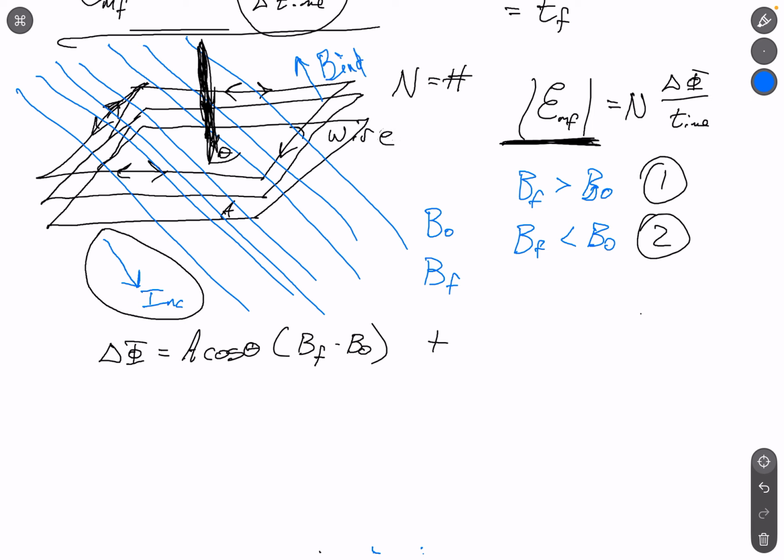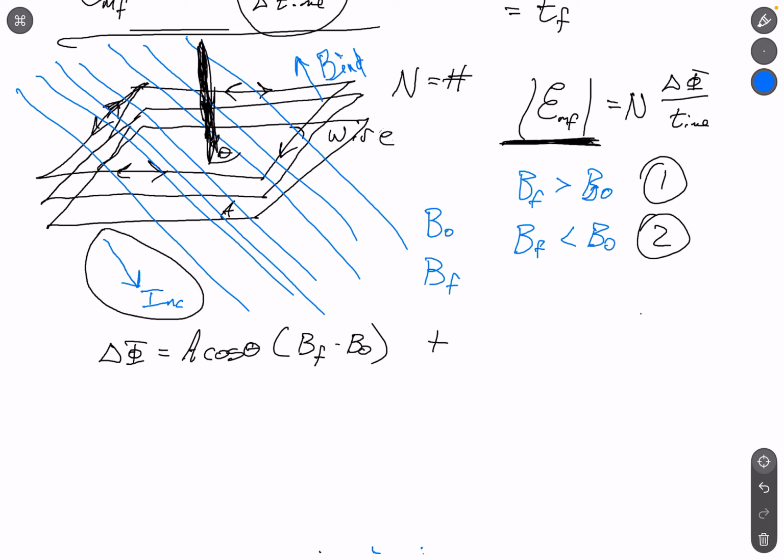All right? For that to happen, what do we have to have the current be to induce that B field? Well, the current, you put your thumb along the current and it goes in the direction of the B field.